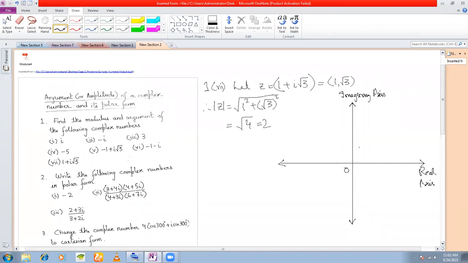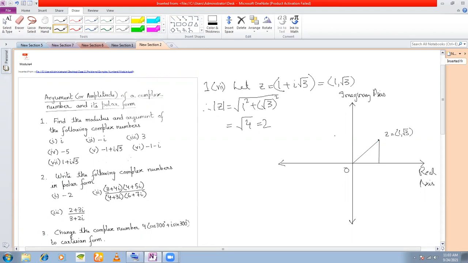If we try to locate the point, it should be somewhere over here, roughly. So z is equal to (1, root 3). Now in order to find the argument, you join the point and the origin, drop a perpendicular here, and complete this triangle.